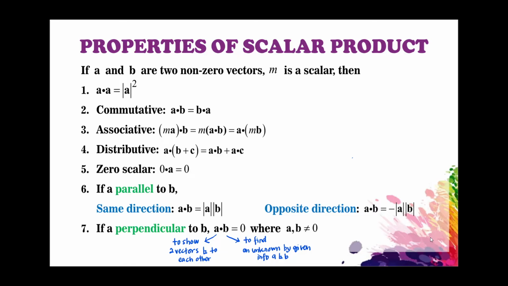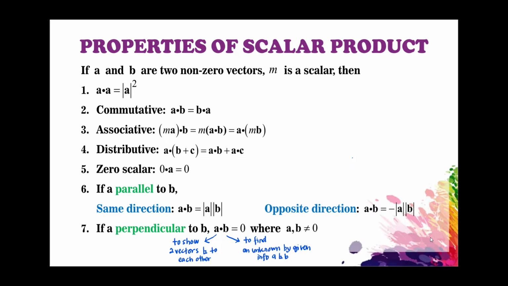Number 2, commutative, which is A dot B will be the same as B dot A. Number 3, associative, which is the position of M could be anywhere, where we have MA dot B will be equal with M multiplied with A dot B will be the same as well with A dot MB.